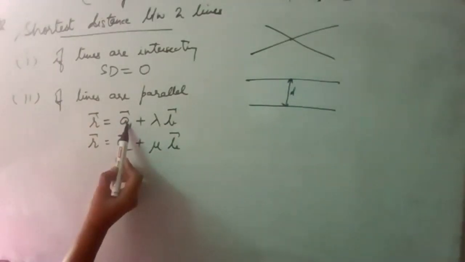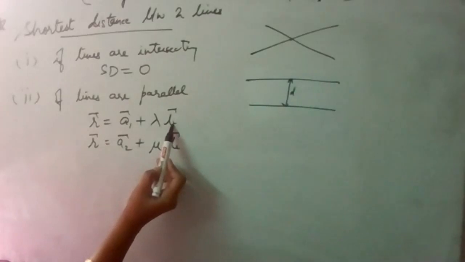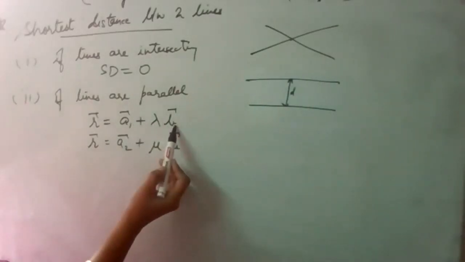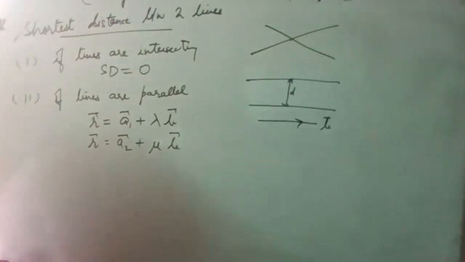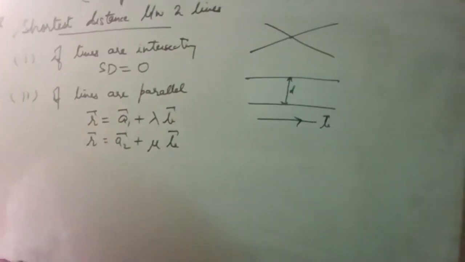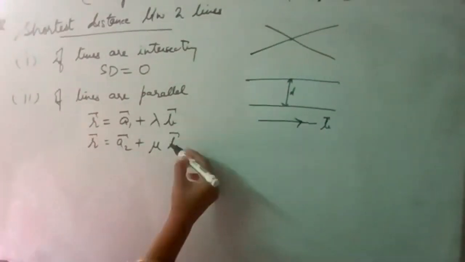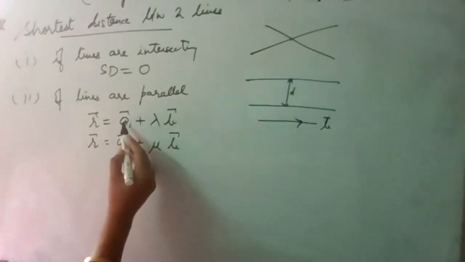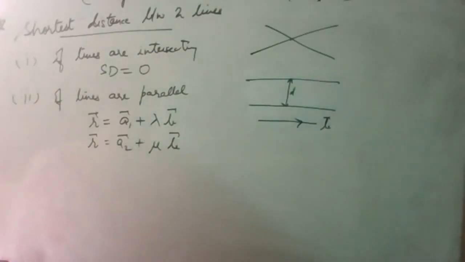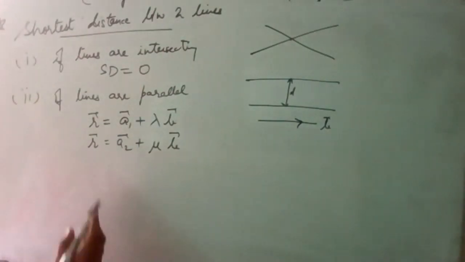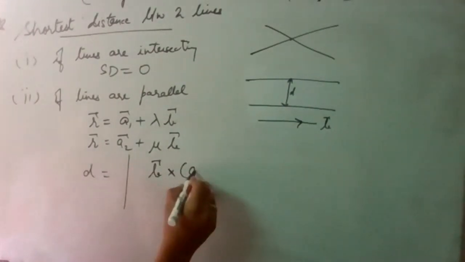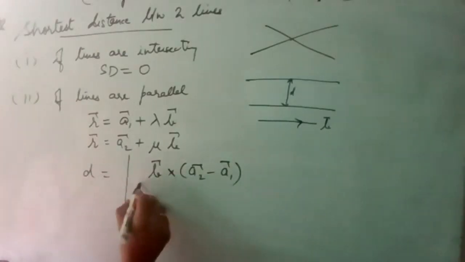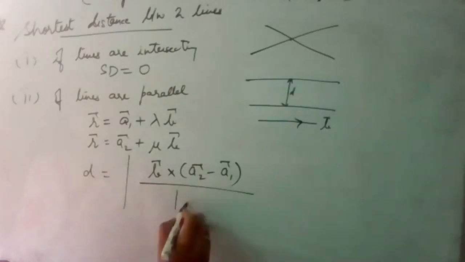Because the lines are parallel, both will be parallel to the same given vector. So in case of parallel lines, this b vector is the same, and the points through which they are passing will be different. So the shortest distance between such lines is given as b cross a2 minus a1 upon magnitude of b.